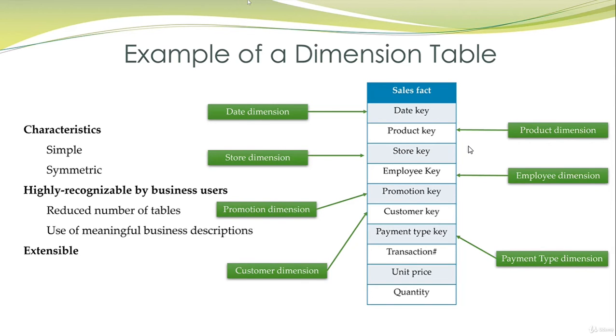Finally, dimensional models are easily extendable to accommodate change. If the business questions that need answers from the data warehouse require a new dimension, it is simple to add to the model. You create a new table for it.